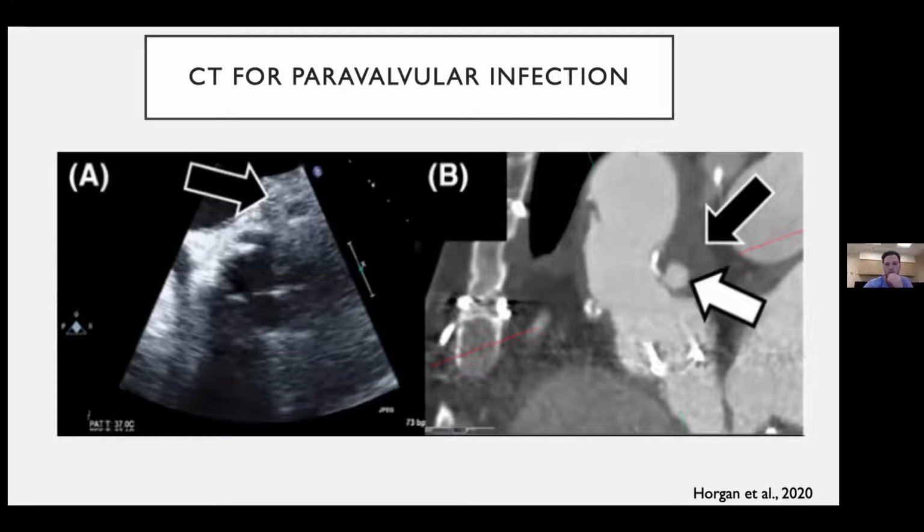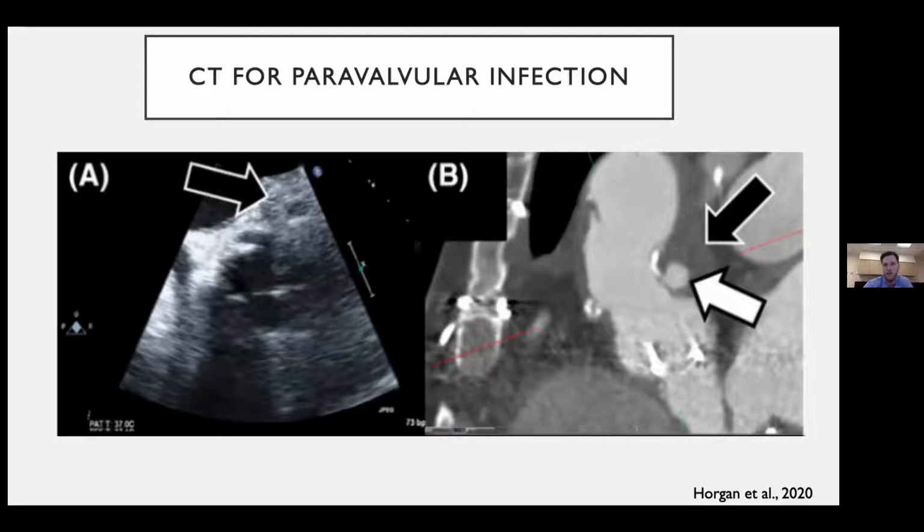When we have non-diagnostic or inconclusive echo findings, CT can be extremely helpful in this context, specifically for paravalvular infection. Keep in mind that CT can also detect vegetations, but it can miss smaller vegetations. If the vegetation is less than a centimeter, the sensitivity is significantly reduced. So in general, for vegetation detection, echo has a better sensitivity, but for paravalvular infection, CT is really excellent.